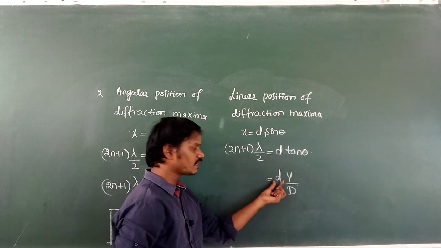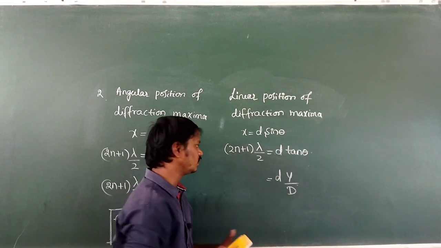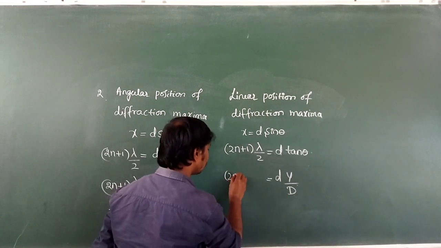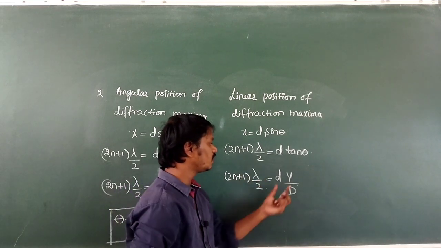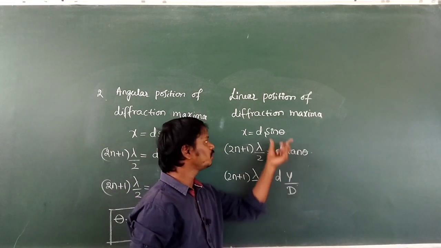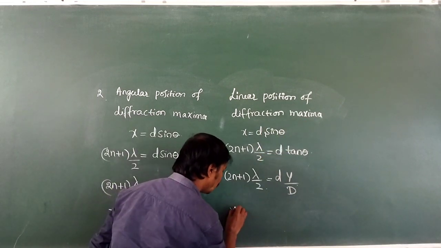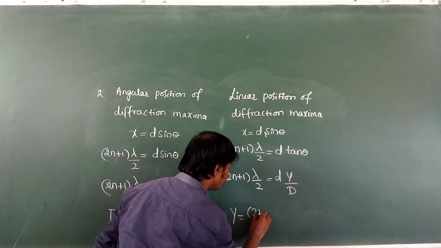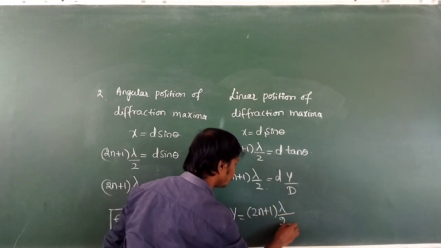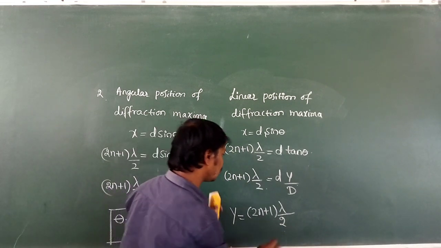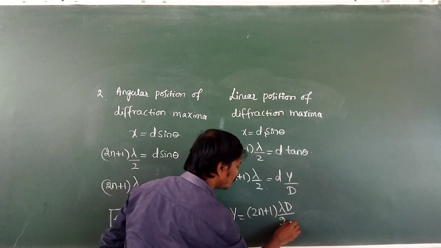So this small d is the slit width, and this capital D is the distance of the screen from the single slit. Then it is (2n plus 1) into lambda by 2. But what we require is the linear position of the diffraction maxima, meaning where the intensity is maximum. Now y is equal to (2n plus 1) into lambda by 2 into, sorry, this d comes to the numerator, lambda into D divided by 2d.